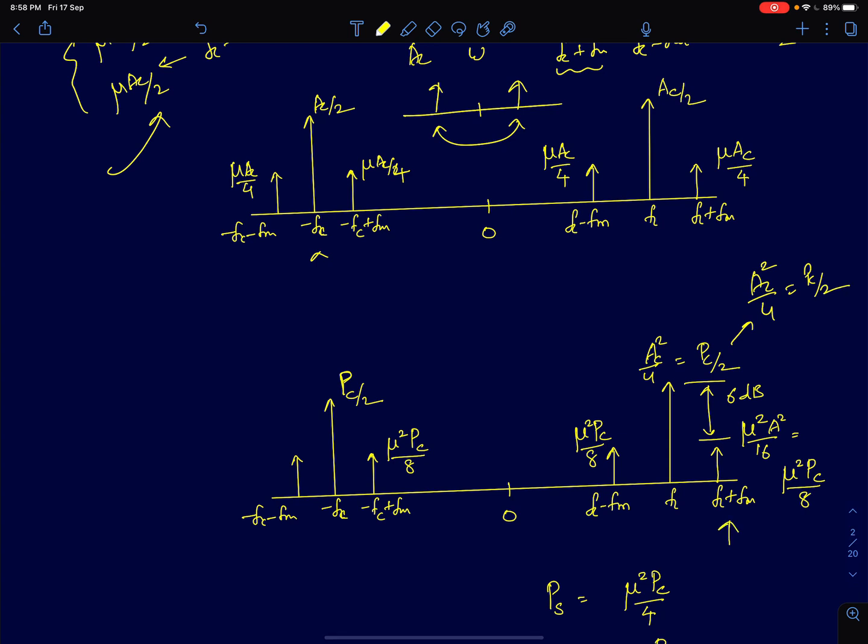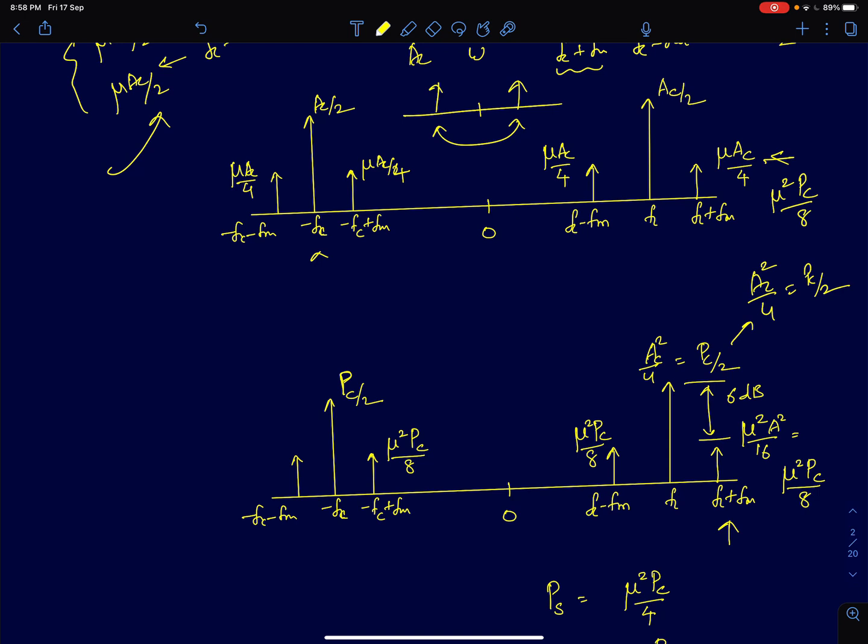Similarly, the upper sideband power is going to be mu AC square by 16, which can be written as mu square PC upon 8, and the lower sideband will also be mu square PC upon 8.